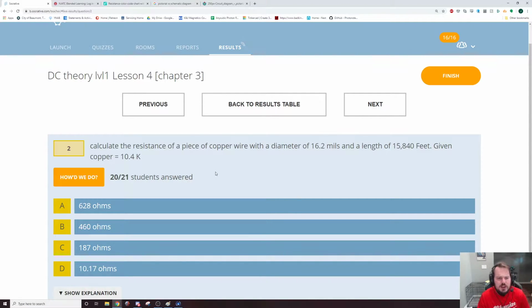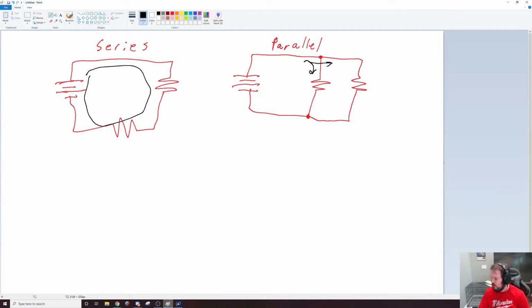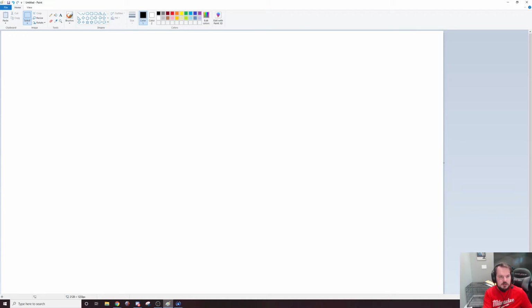Calculate the resistance of a piece of copper wire with a diameter of 16.2 mils and a length of 15,840 feet. I like this one. Given that copper has a K value of 10.4.